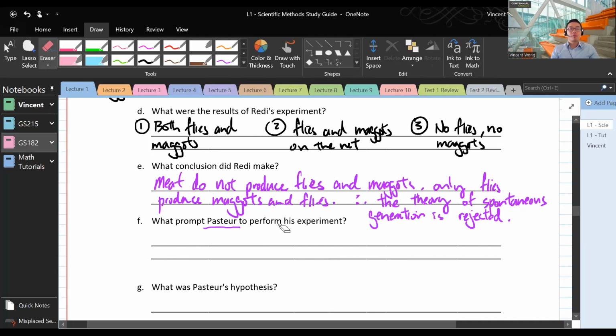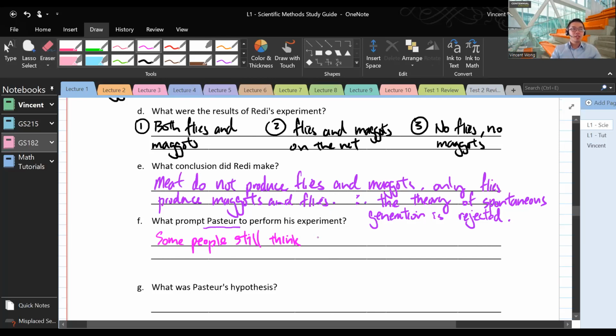So what prompted him to perform the experiment is that some people still think, and when I say people, I don't mean the general public, right? Probably it's people in the scientific community at the time.